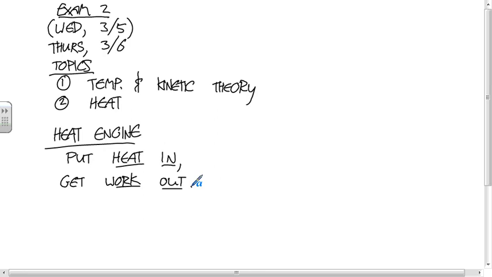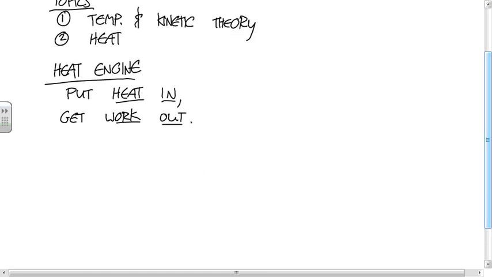But instead of putting heat in, the cost, like in a steam engine, is whatever is increasing the temperature of the gas, the fire. In a combustion engine, the cost is you have potential energy in the form of a chemical that then blows up and creates this high temperature. But besides that difference, it's sort of the same idea.